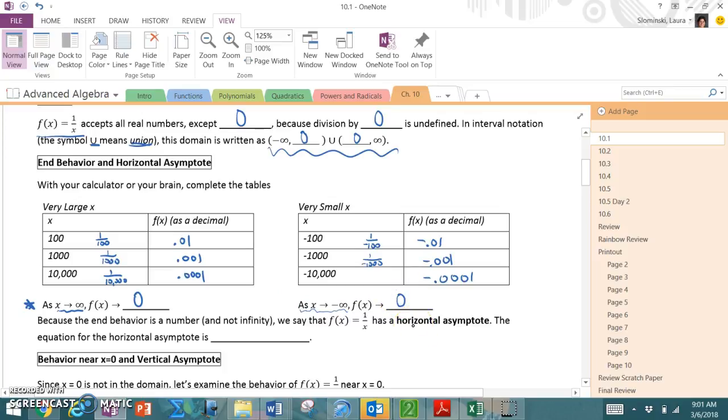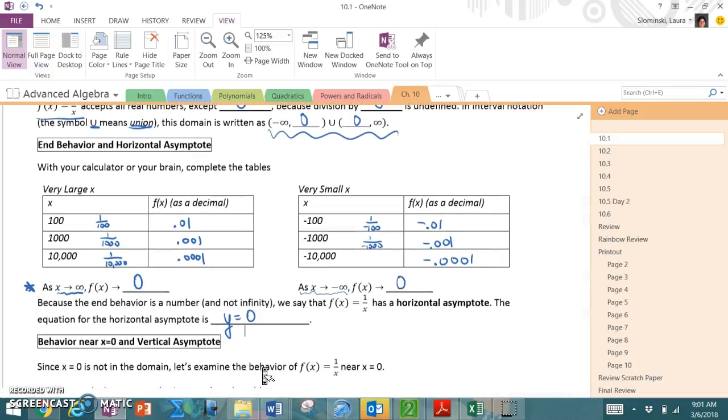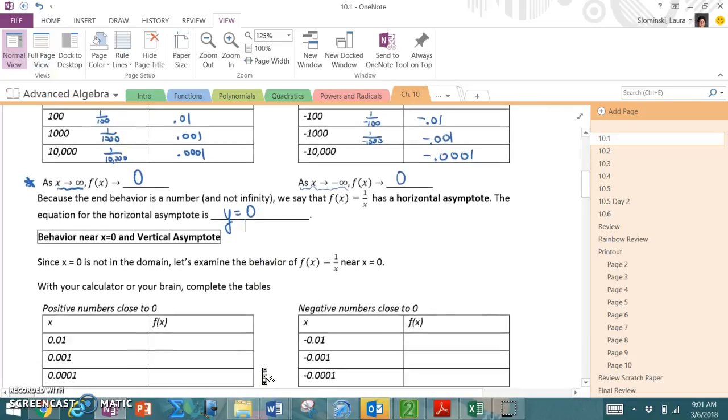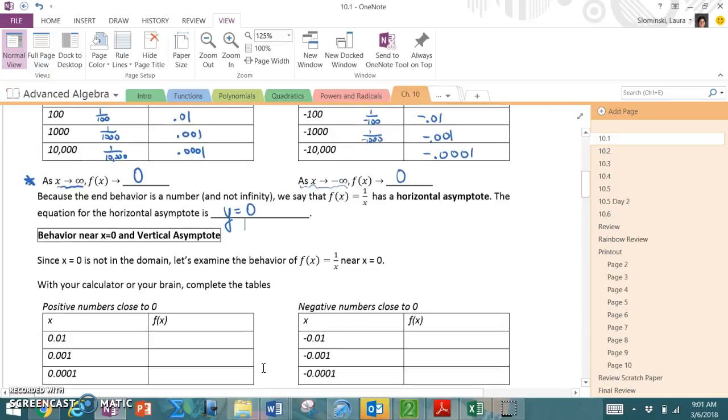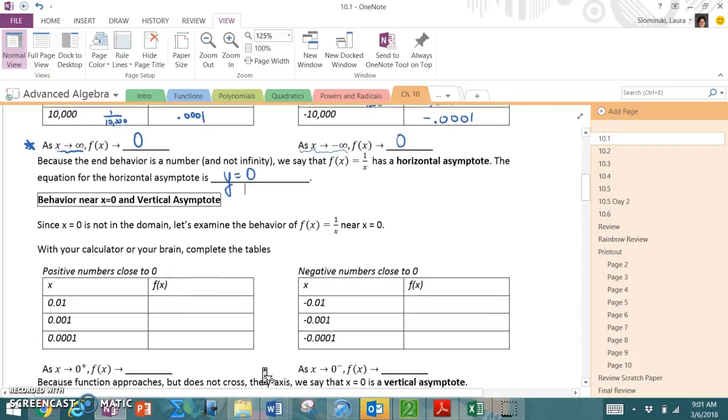Because the end behavior is a number and not infinity, we say that f of x equals 1 over x has a horizontal asymptote. The equation for a horizontal asymptote, remember, is always y equals, and it equals 0, the number we just got.